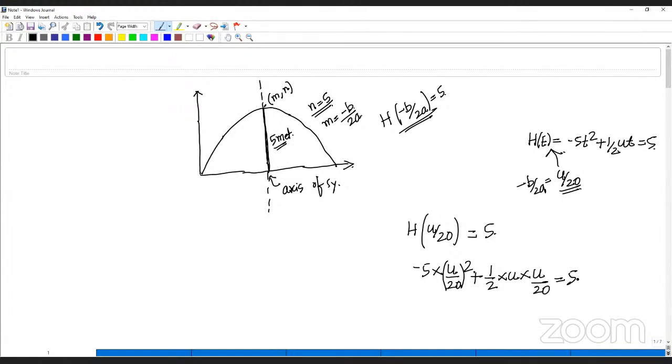Now you solve this equation. This is a quadratic equation in u, right? If you solve this equation, you'll get some value of u, right? So whatever value you'll get, that will give you the answer, right?